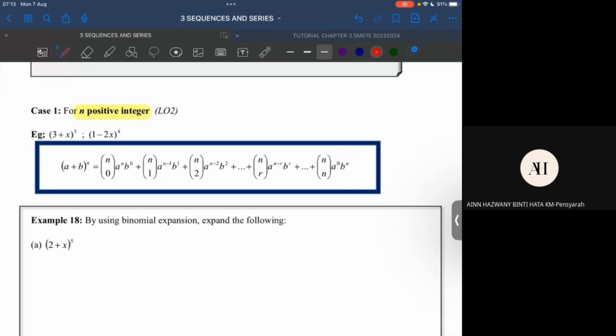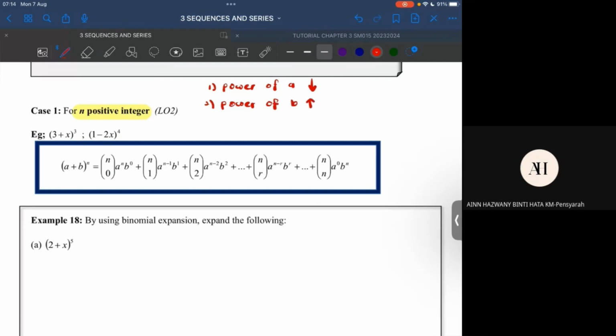So, apa yang jadi dekat sini, nombor 1, power of A akan berkurang. Okay, sampai kamu dapat A to the power of 0. Apa jadi dekat B pula ialah jadi 0, 1, 2, 3 dan 4, 5, 6 sampailah dapat N. Ni N nilai kita. Okay. Power of B kita pula akan menaik.